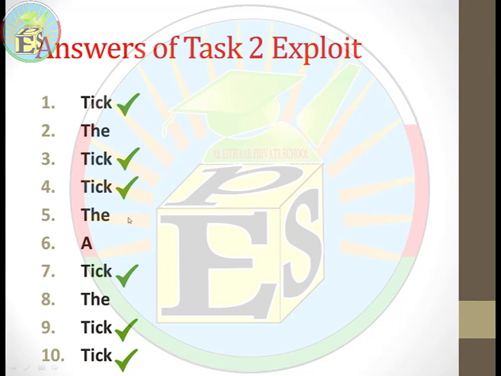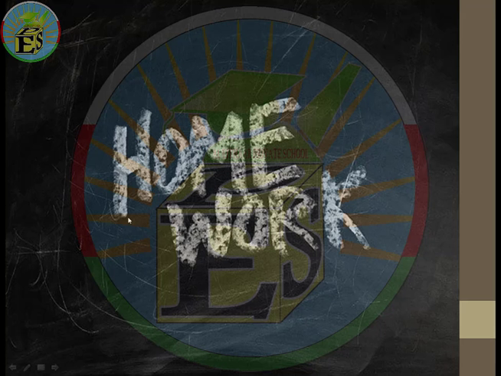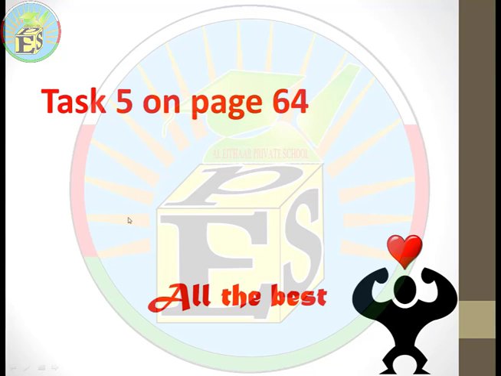And right now let's move to your homework. It's going to be on page 64, task number 5. Task number 5 is similar to task number 1, exploit, and task number 1, explore.